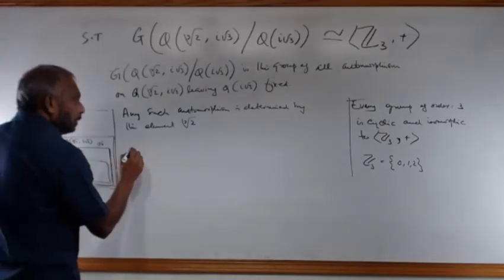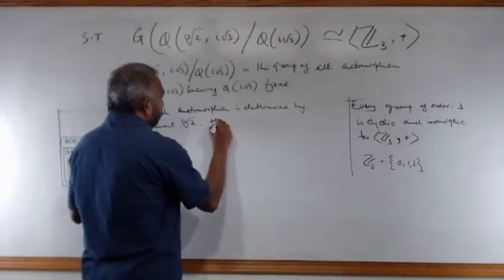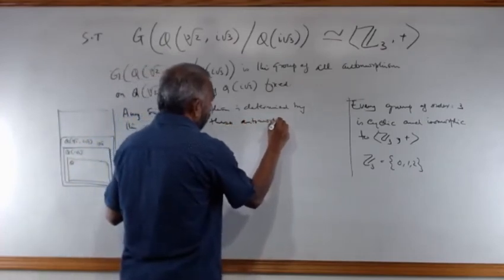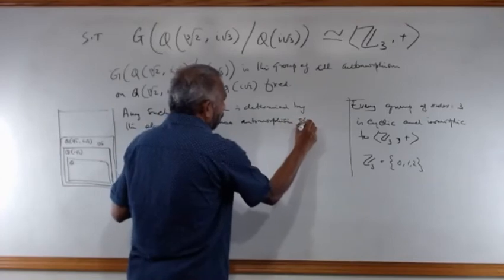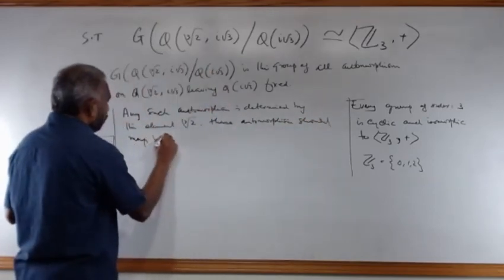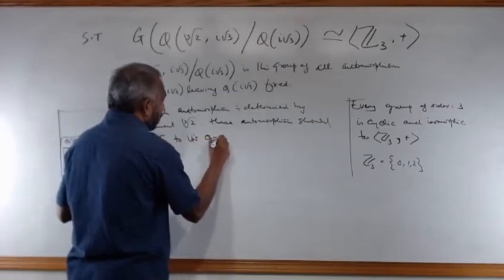Meaning, these automorphisms should map cube root of 2 to its conjugates.